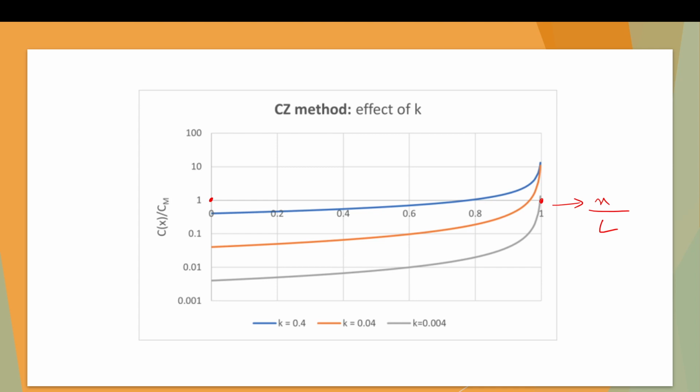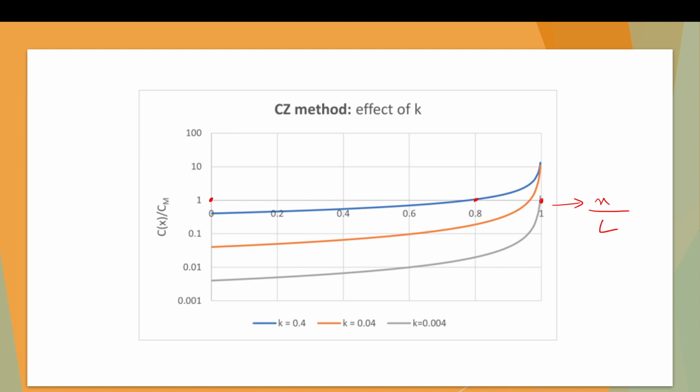So we are just starting at the seed. And if I plot this for different values of k, the distribution coefficient, in all these three examples k is less than 1. So naturally, for a very long length, the impurity concentration is lesser than what we started with.